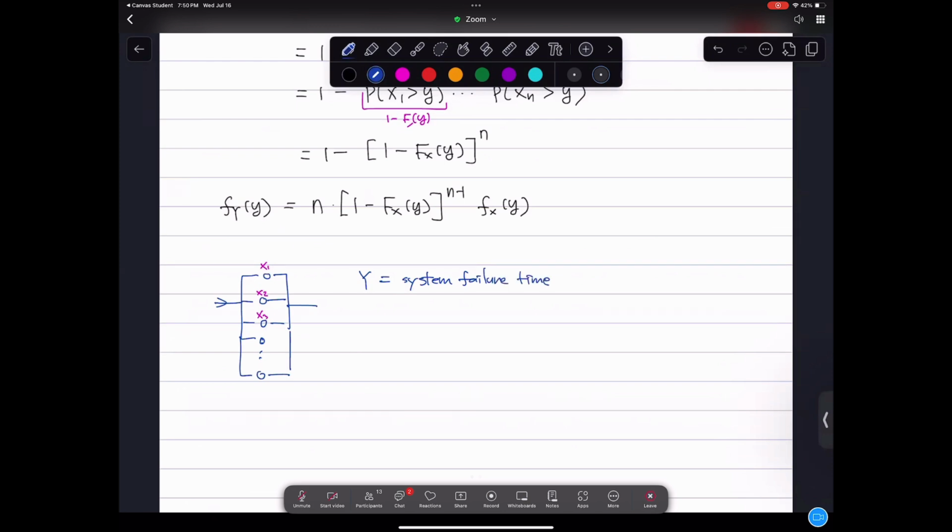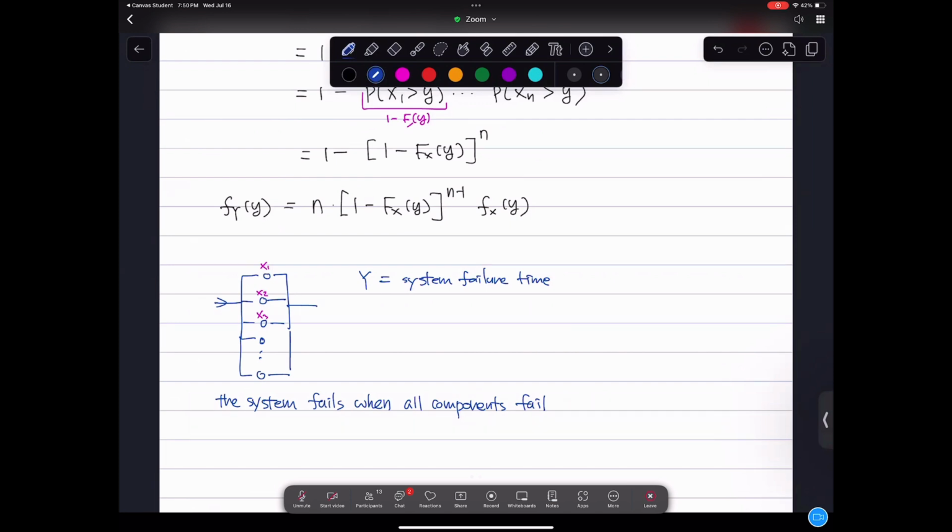So that system fails when everything fails. All of them fail. What it means is, as long as one functions properly, the entire system will function.